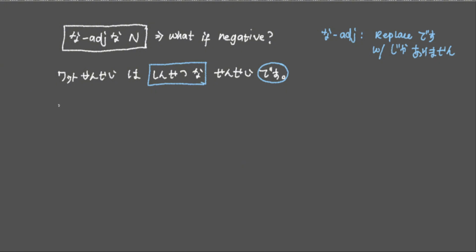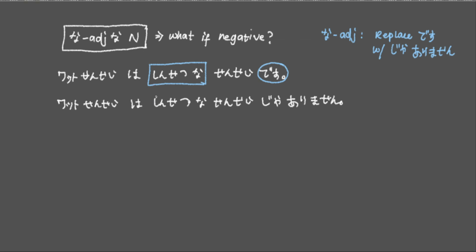So we will say Wato sensei wa, as it is, shinsetsu na sensei ja arimasen. Okay, so that is how you make it into a negative if it is being used as a noun modifier.